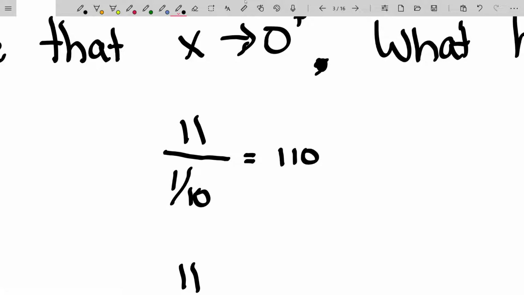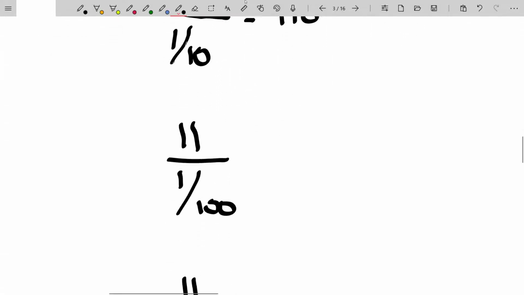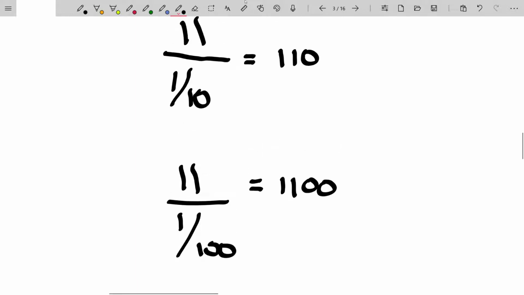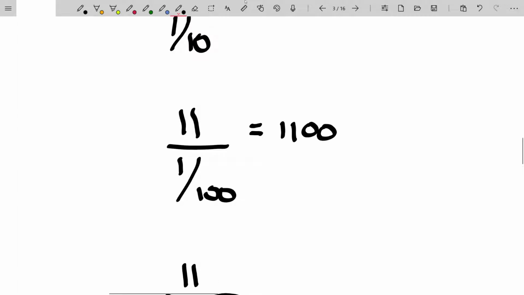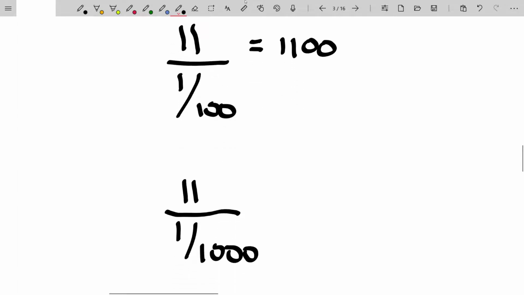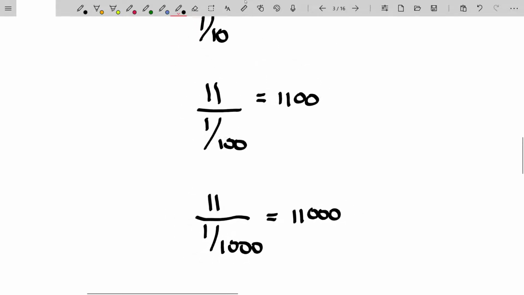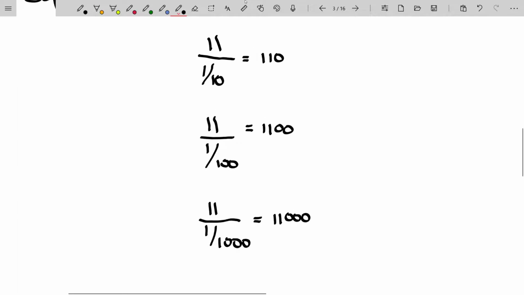So all of a sudden the number went from 11 to 110. 11 divided by 1/100th is 1100. So we went from 110 to 1100. And 11 divided by 1/1000th is 11,000. You can see that the closer the number is to 0 in that denominator, the larger that fraction actually gets.